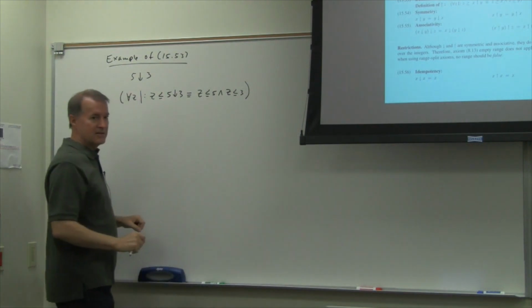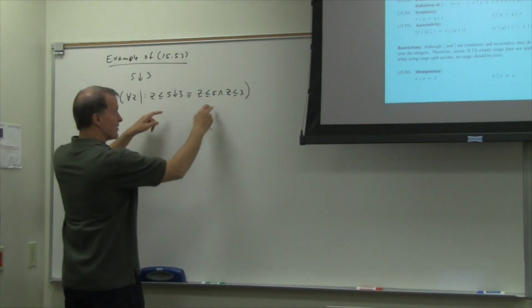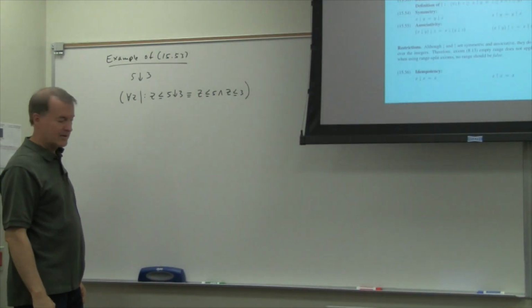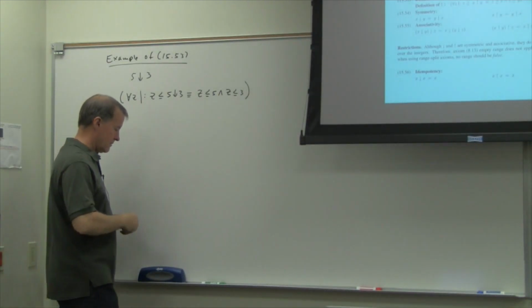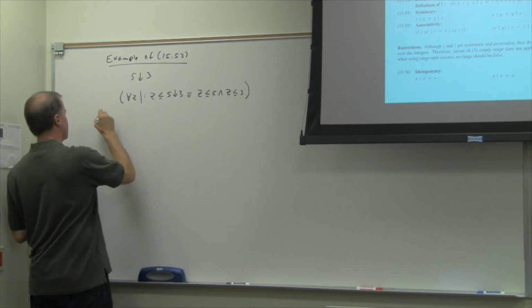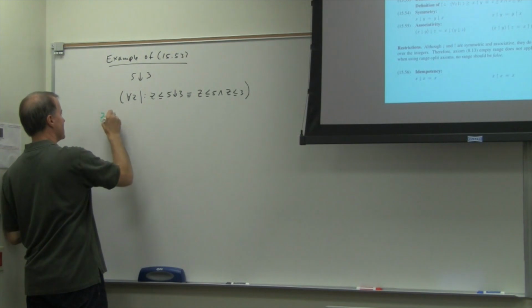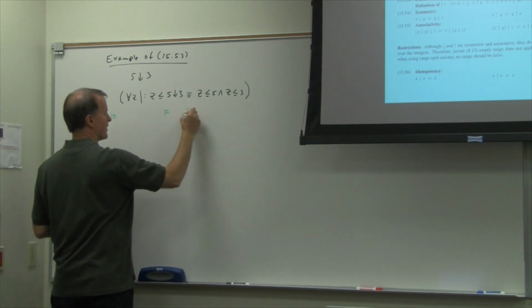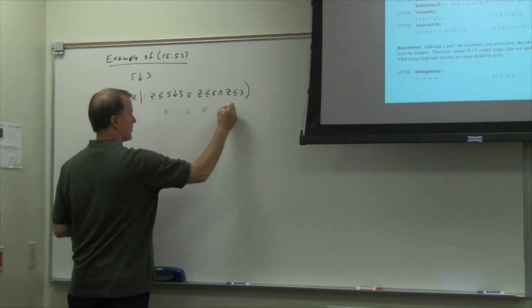Are you with me? So we would have false equals false, so that would hold for z equals 10. False and false is still false. So here's z equals 10: false equivales false and false.